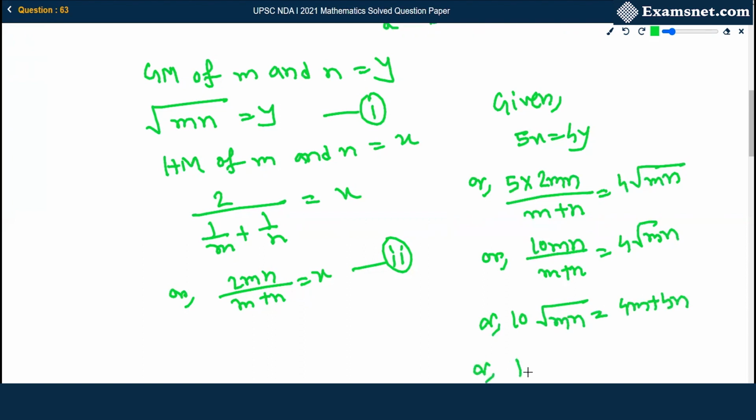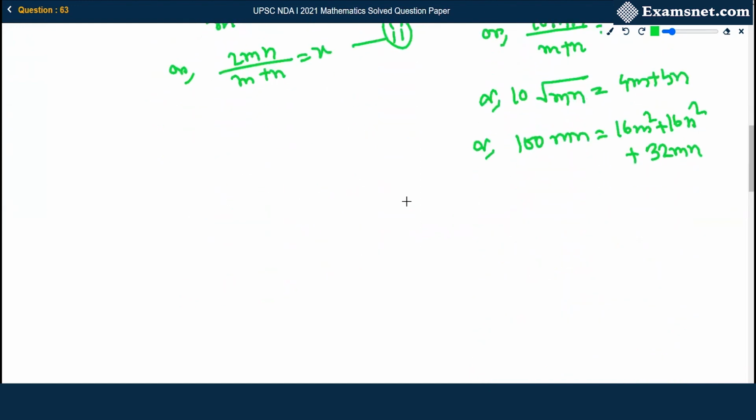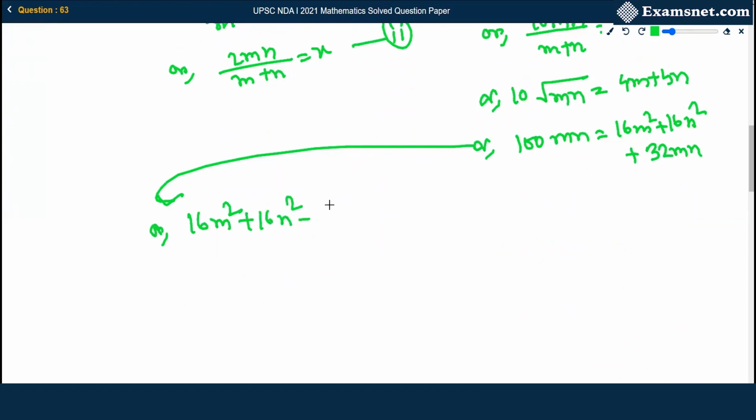Let's square both the sides, so it becomes mn, and 16m square plus 16n square plus 4 4s are 16 and 2 16s are 32mn. So let's continue from here: 16m square plus 16n square minus 68mn equals 0.